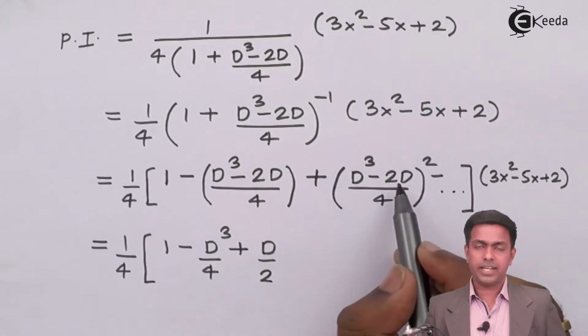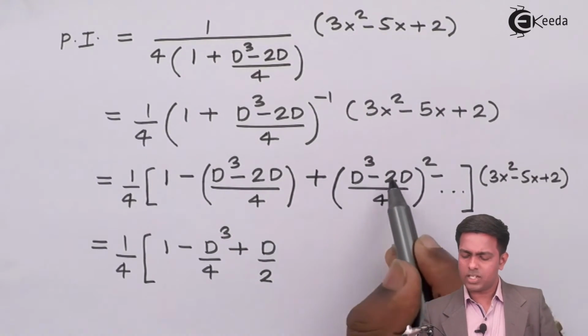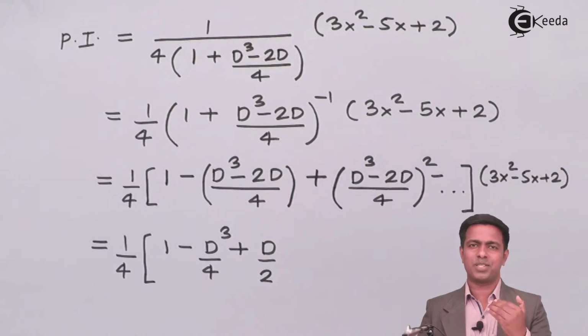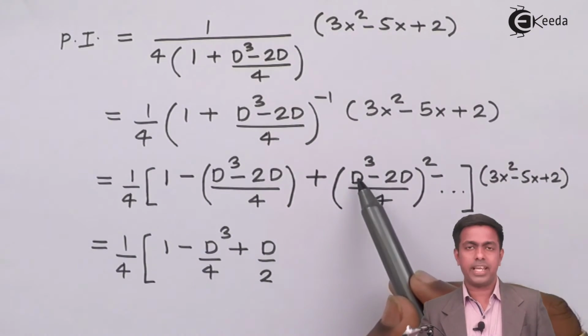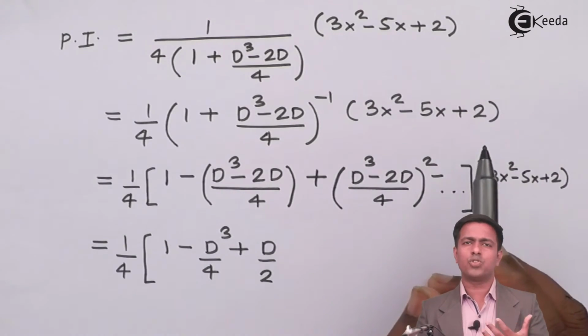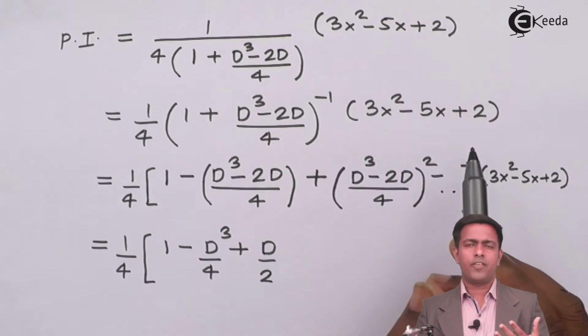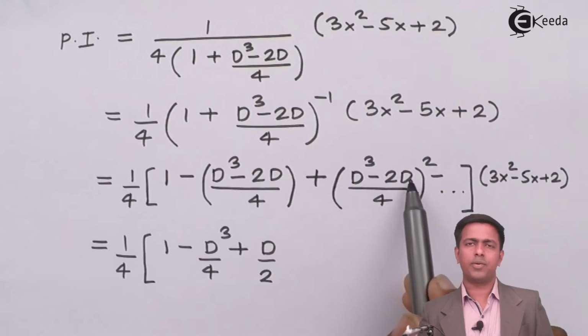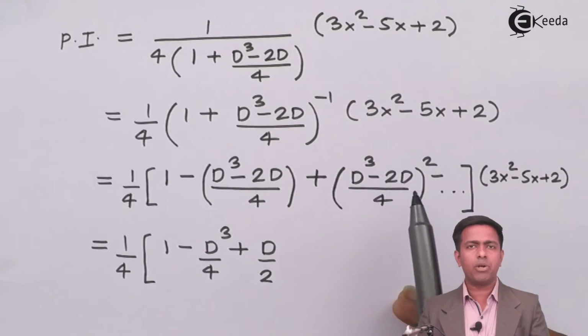Now let's expand this. So guys, this is (a minus b) the whole square formula, which is a square minus 2ab plus b square. Now guys, if I do a square, that is square of this, that will become D raised to 6, which is of no use for me. Then we have 2ab. So 2 into this will become D raised to 4. Again no use.